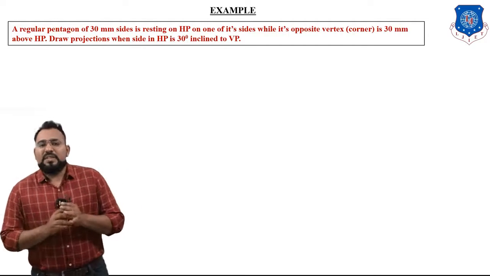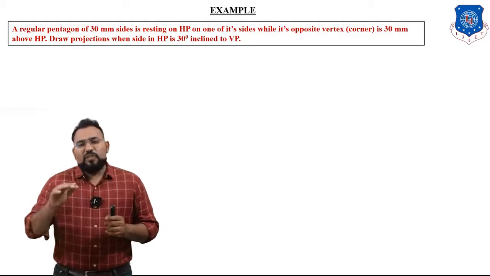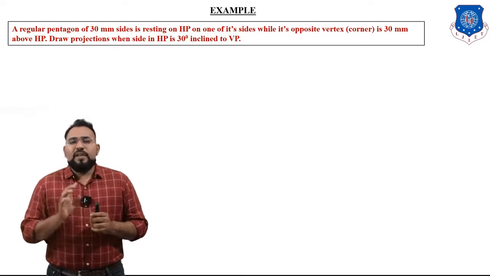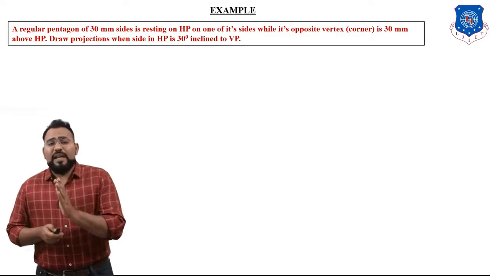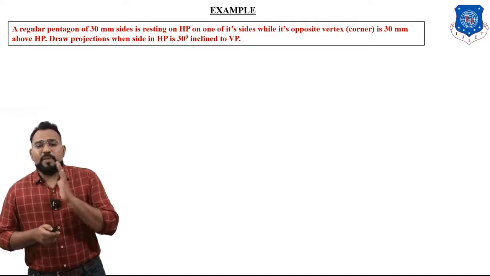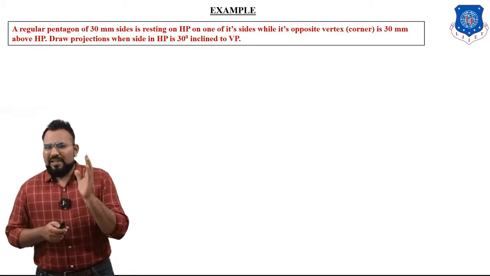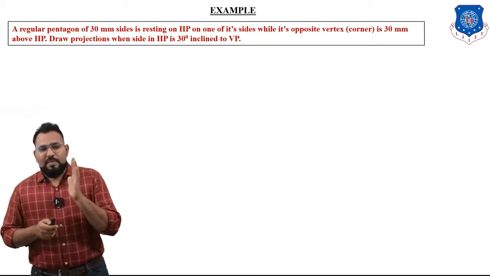That means we start solving this example by assuming that this pentagon is parallel to HP, so the top view will give us the true shape. While its opposite vertex is 30 mm above HP. Vertex means corner; always remember vertex and corner are the same thing.